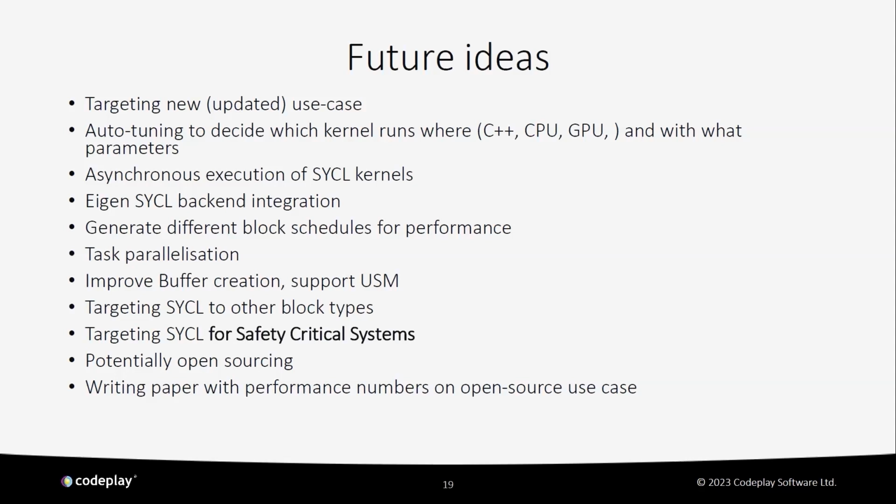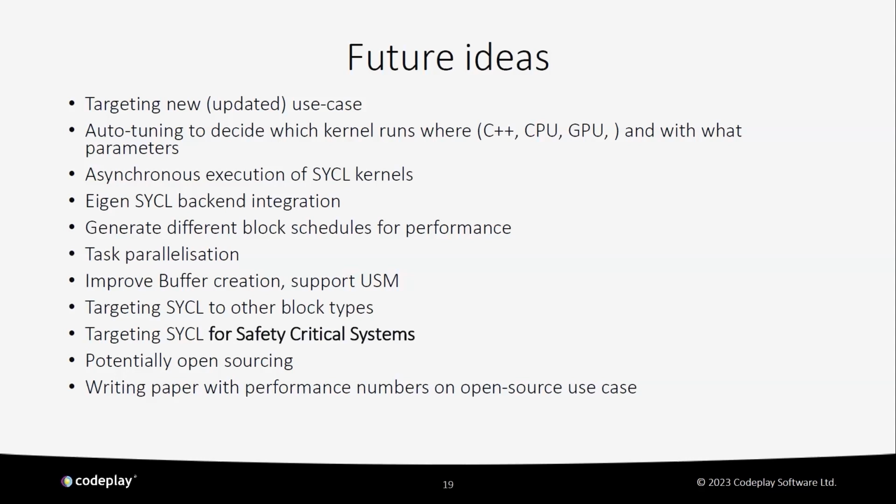Then generate different block schedules for performance, just changing the order of the evaluation. This may improve memory accesses, make access contiguous, or improve performance in other ways. Then the task parallelization I mentioned, then improving buffer creation.